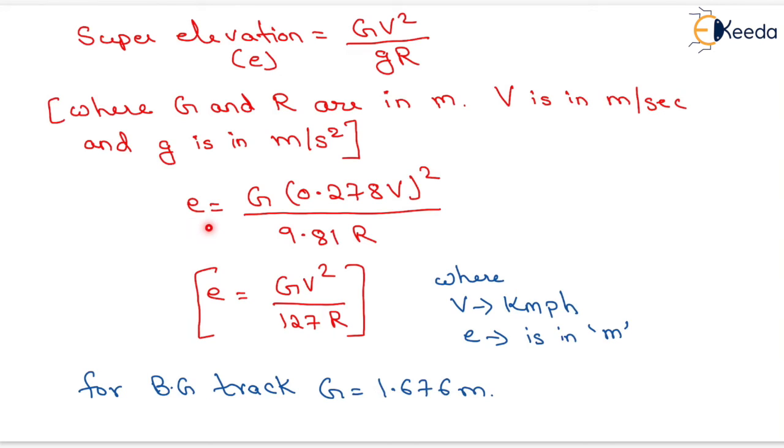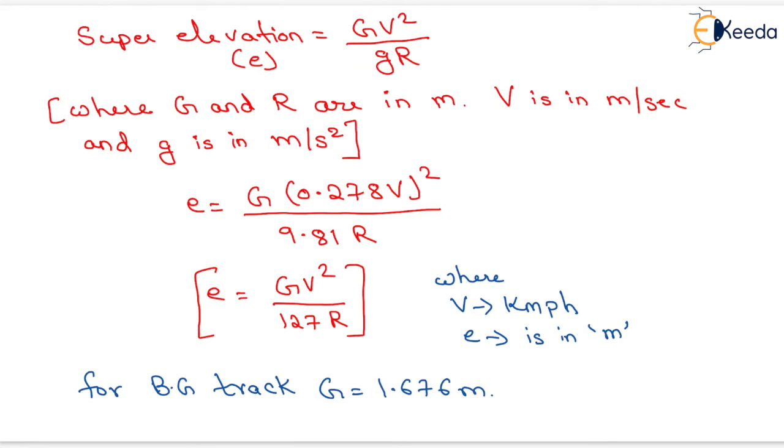Now E will be equal to, we have to convert the value of capital V in terms of meter per second from kilometer per hour. So we need to multiply the value of V by 0.278. So the formula will be equal to G into (0.278 V) whole square upon 9.81 R. The value of small g is equal to 9.81.